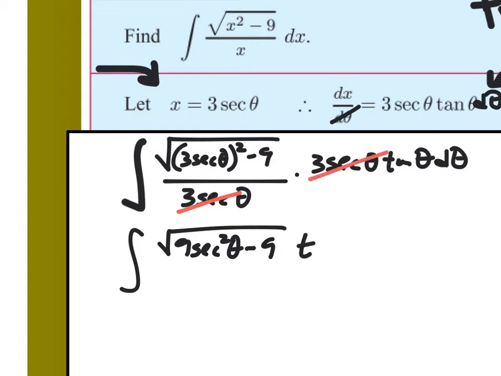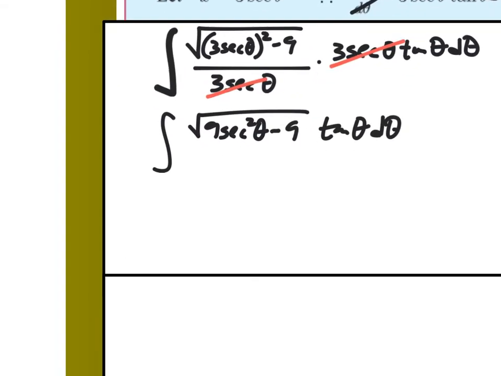So I'll get this times tangent theta d theta. Okay, there we go. A couple things I can do here. One is I can factor out a 9, which makes this secant squared theta minus 1.